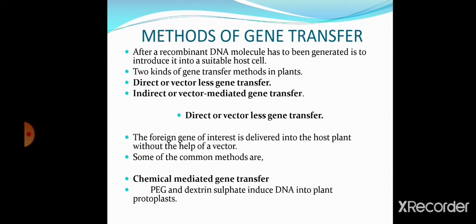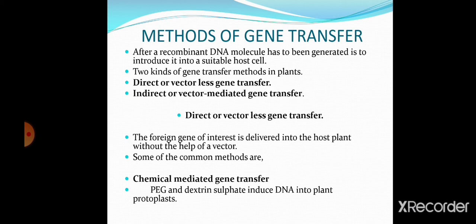Under this, there are some common methods: chemical mediated gene transfer, microinjection, electroporation, liposome mediated method, biolistics. These are different types of methods through which we can transfer the foreign gene into a host cell.